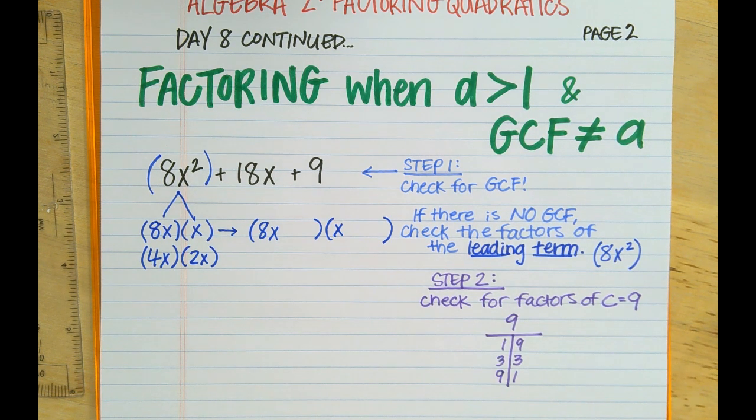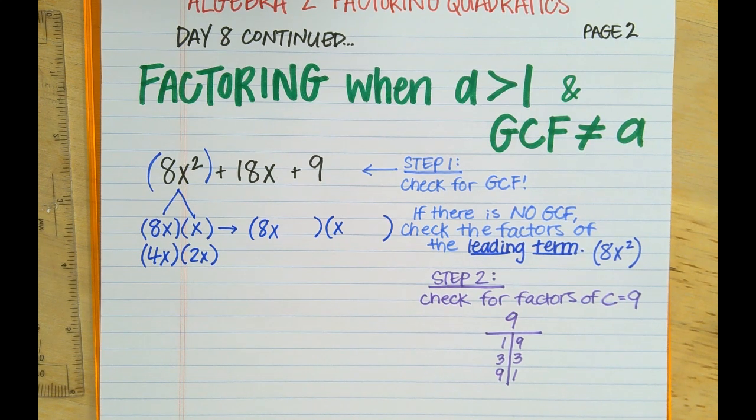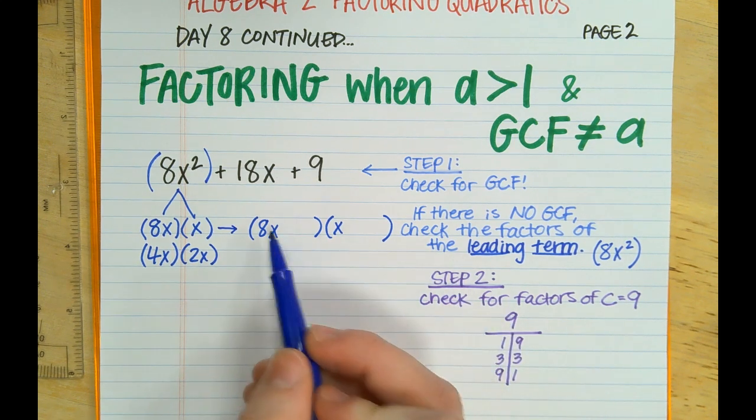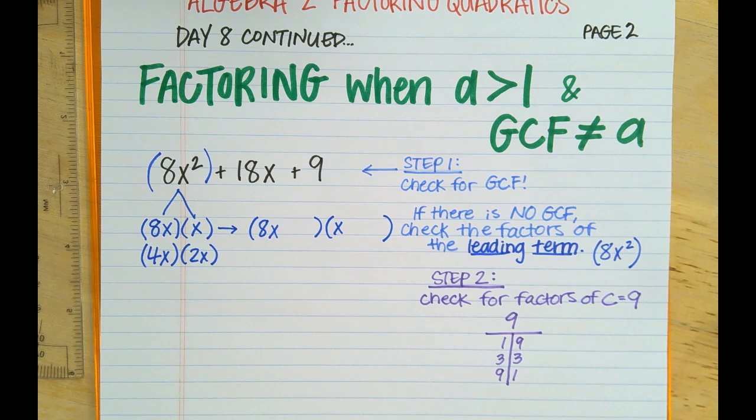I have 3 different options. Which means I have 3 different possibilities for my first set of factors of my leading term.